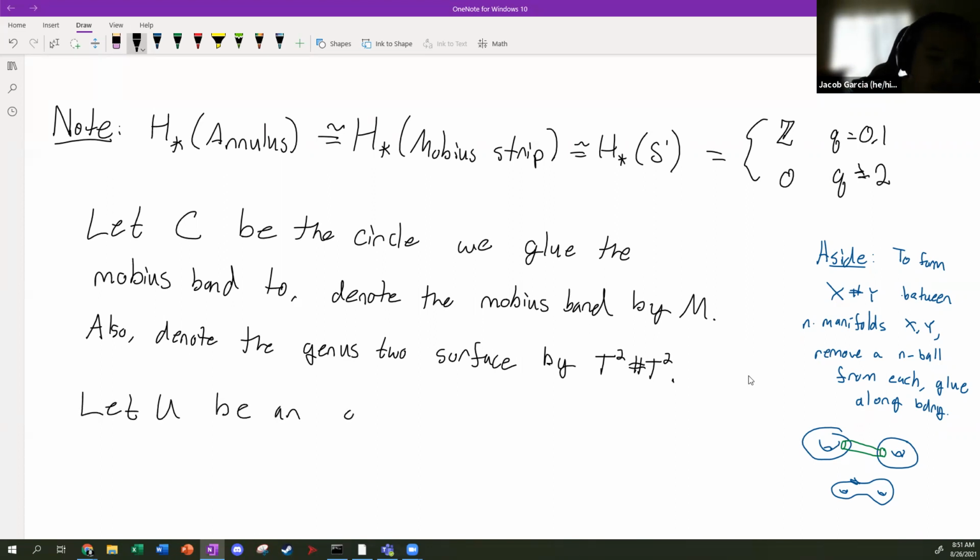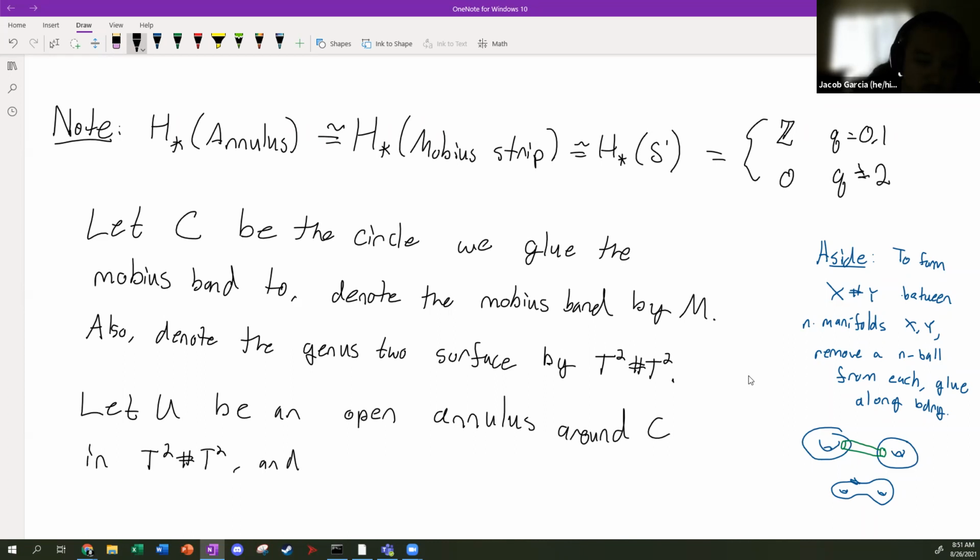So we're going to let U be an open annulus around C in T2 sum T2.